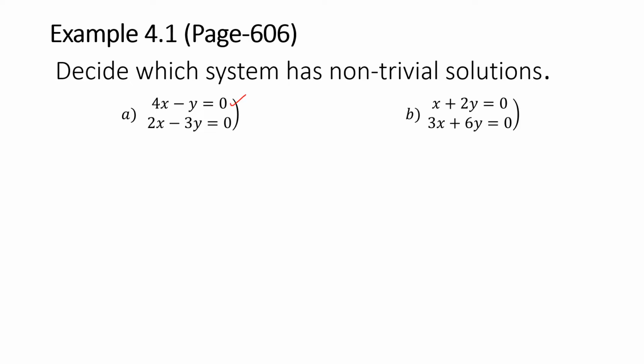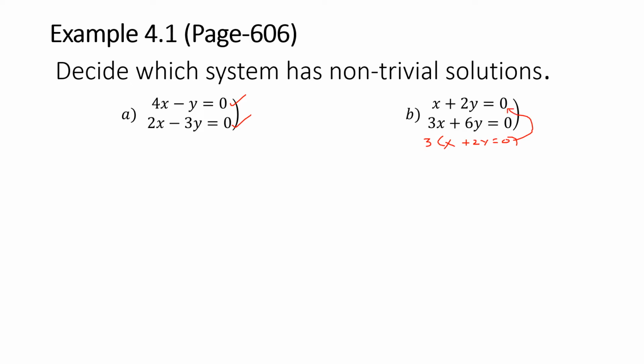This equation is different from this one, and in this case if we take 3 common, x plus 2y equals 0, which is exactly the first equation.